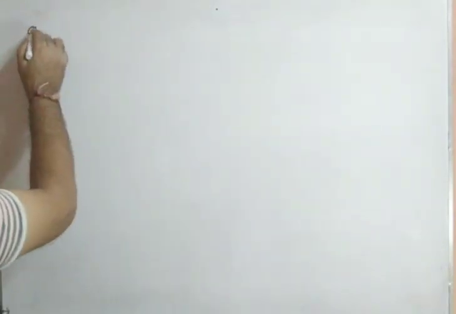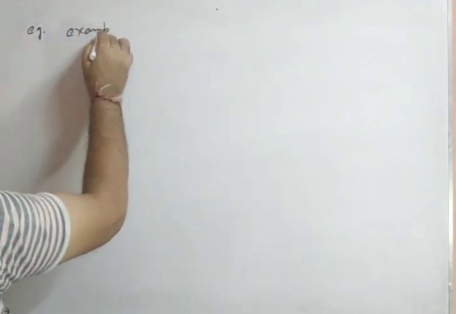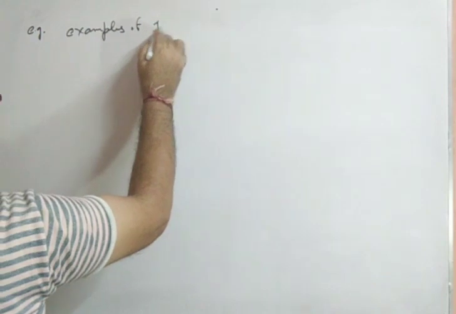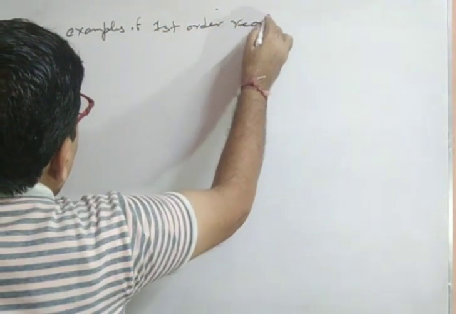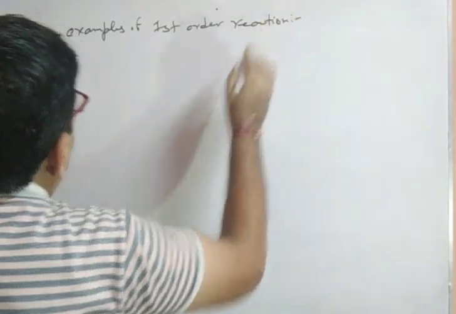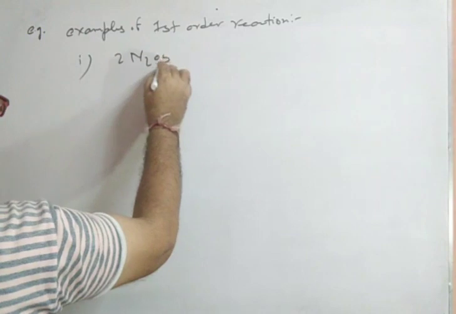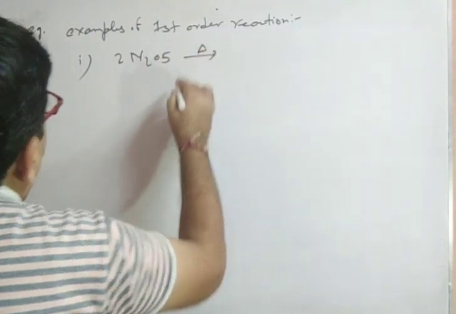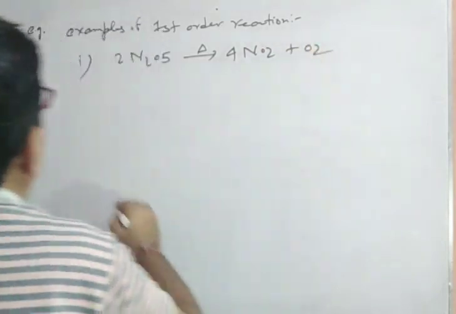Consider some examples which follow first order kinetics. Examples of first order reactions. First one, N2O5 after heating produces NO2 plus O2.